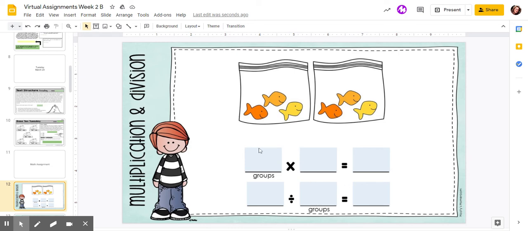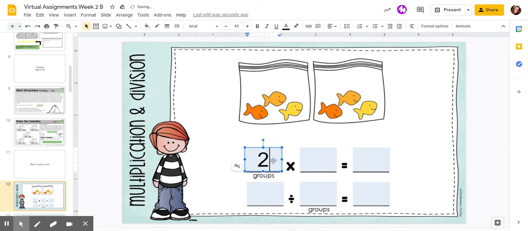So I always think of it as part, whole for multiplication. A part times a part equals the whole. And for division, whole divided by a part equals a part. So the number of groups is 2. There are 2 groups. So in this first box, I'm going to type 2.